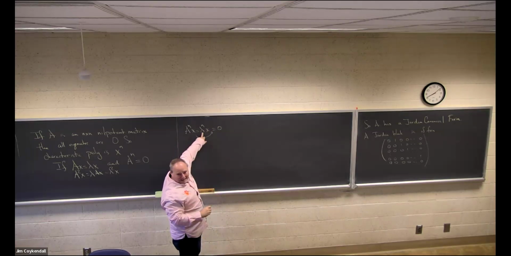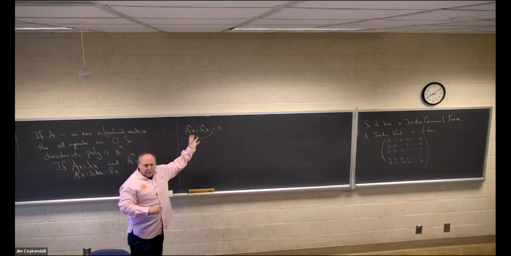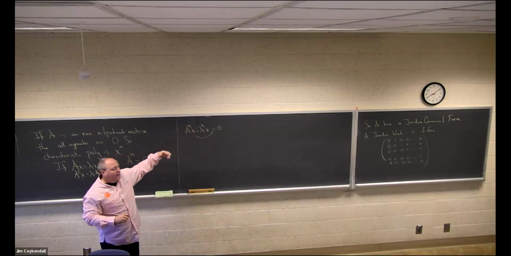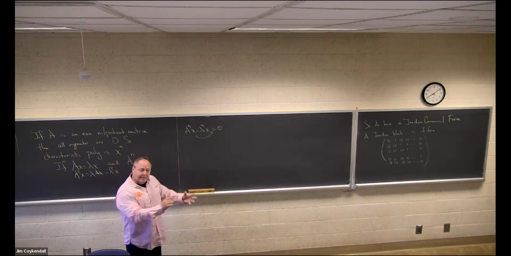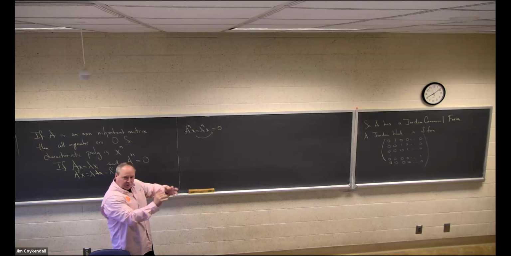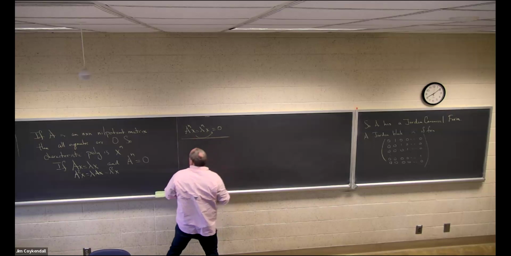So this gives that any possible eigenvalue is 0. Everybody agree with that? Right. And the eigenvalues are the roots of the characteristic polynomial. And of course, the characteristic polynomial has to have roots somewhere, maybe not in the field that you started with, but you can make the field bigger. And we'll talk about that in Galois theory as well.